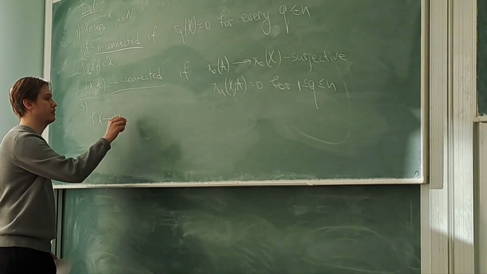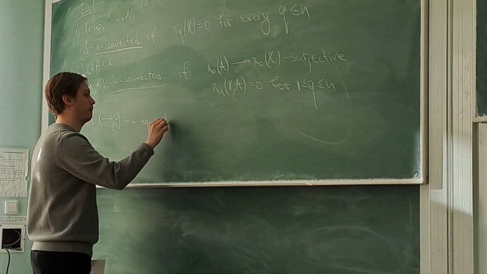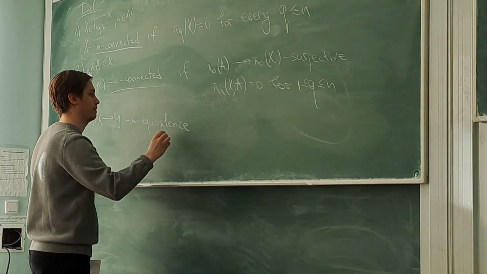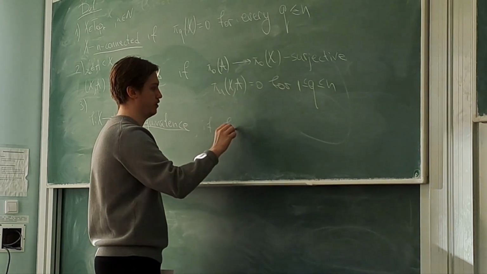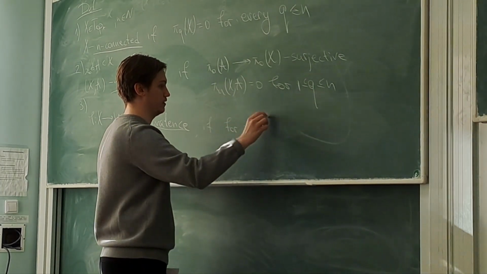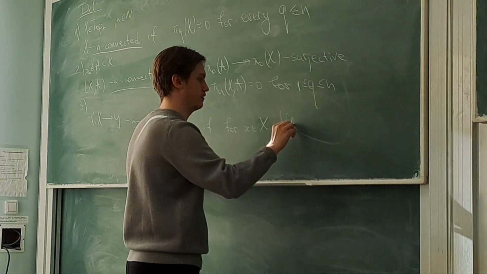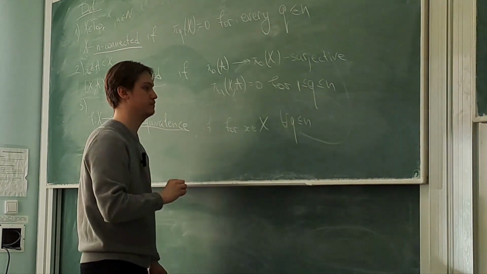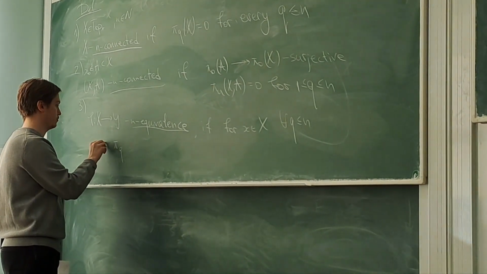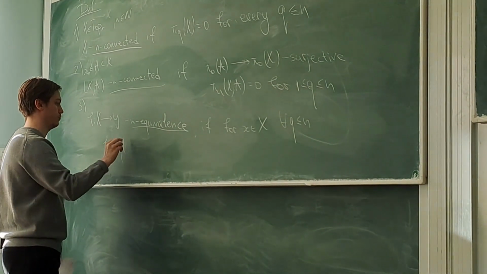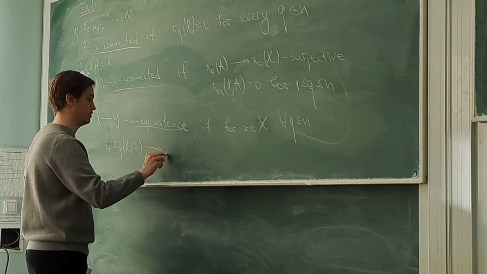That this map is called n-equivalence if for every point in X and every q less or equal than n, the induced map on the homotopy group with this base point is an isomorphism.